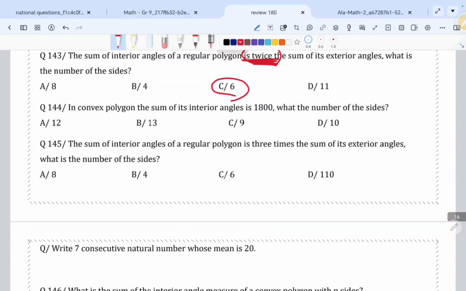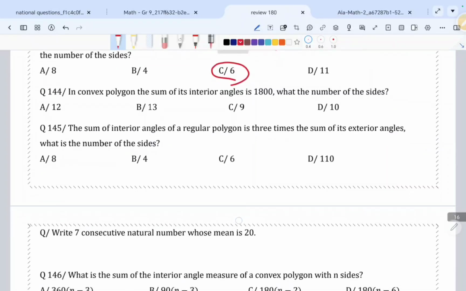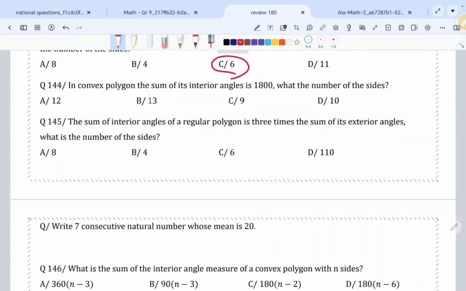Question 144. In a convex polygon, the sum of its interior angles is 1800. What's the number of the sides? If you remember the rule, it will be n minus 2 times 180 equals what? It's given 1800.